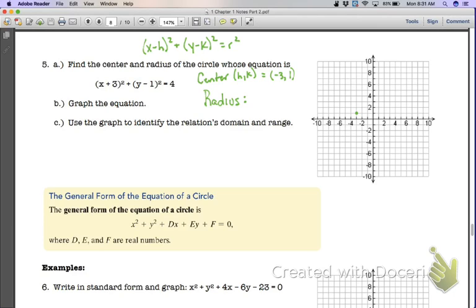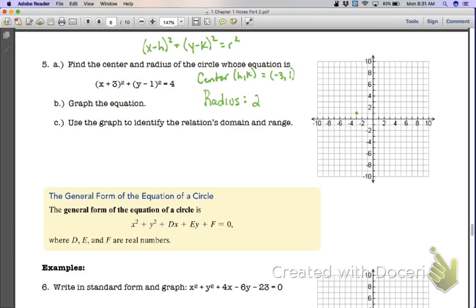Now, if it's all equal to 4, what's my radius? What's the square root of 4? 2. So, the easy part, as far as graphing it, and I'll be the first to tell you, the first few circles that you make are going to be a little rough.